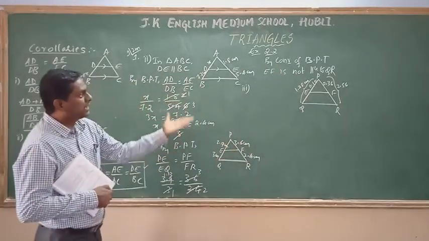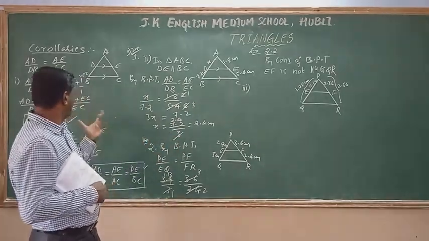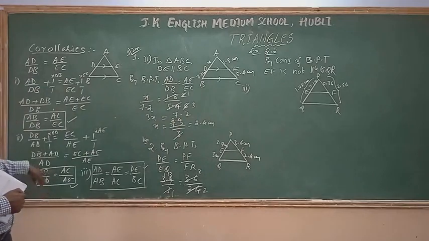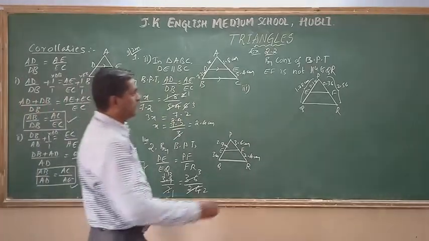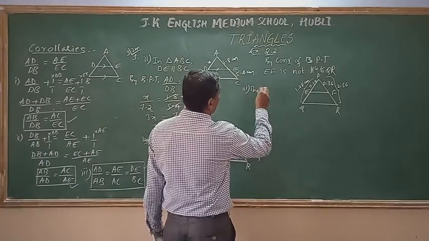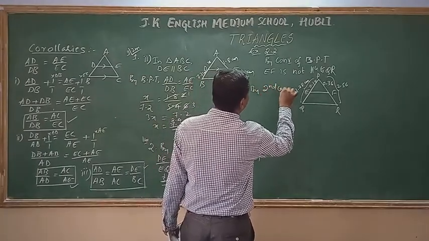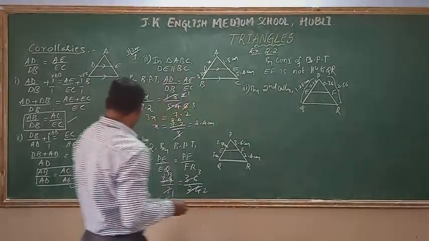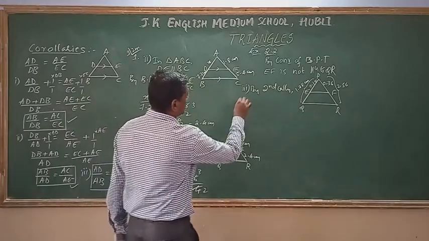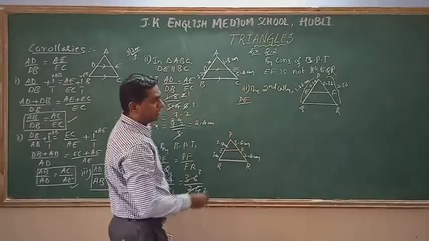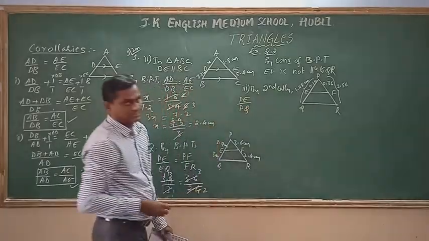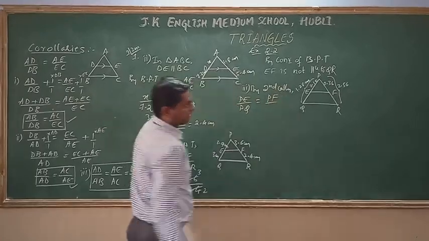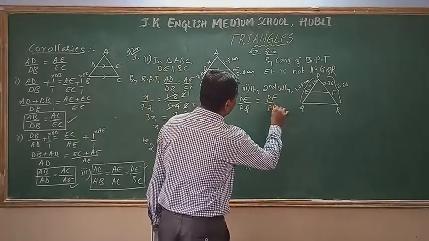So here we can't use BPT. According to how I have proved the corollaries, let me take the corollary and try: PE upon PQ equals PF upon PR.